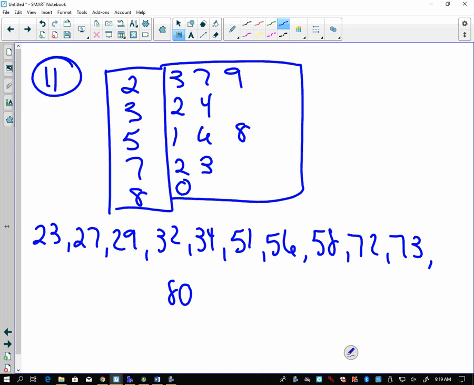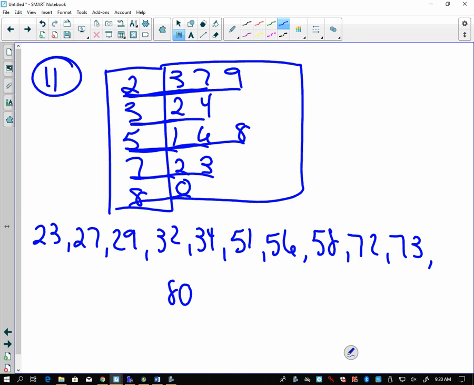So the stems represent the tens value. The leaves represent the ones value. So notice that you had 23. That's 2, 3. And then 2, 7. And then 2, 9. Okay? Then we come down. 3, 2. 3, 4. 5, 1. 5, 6. 5, 8. Or 51, 56, 58. 72, 73, and 80. Does that make sense now?